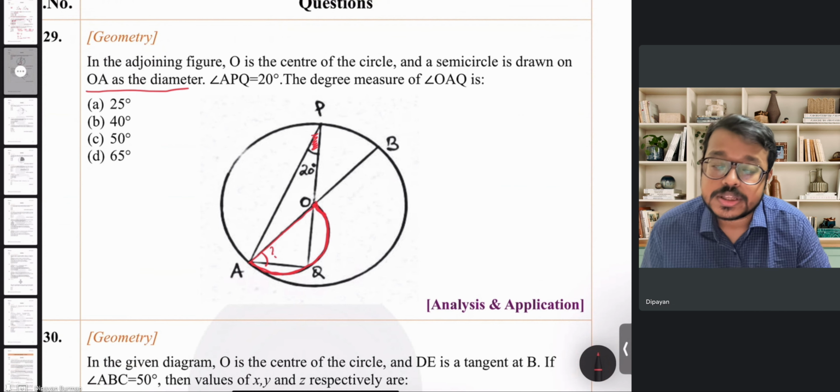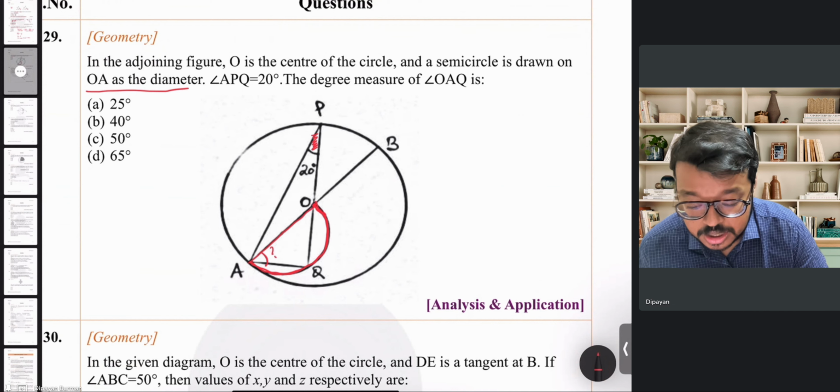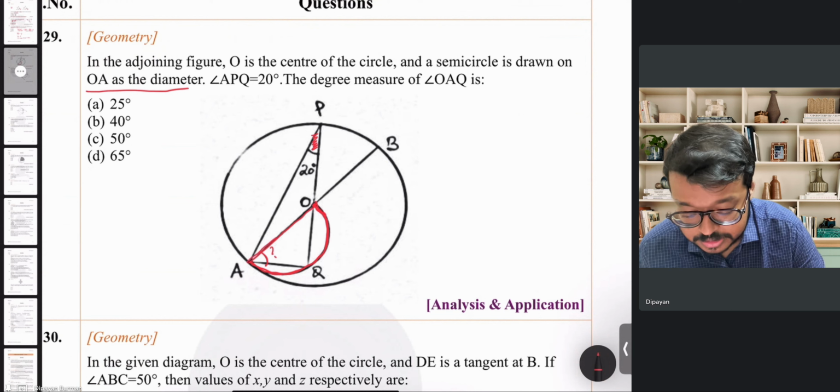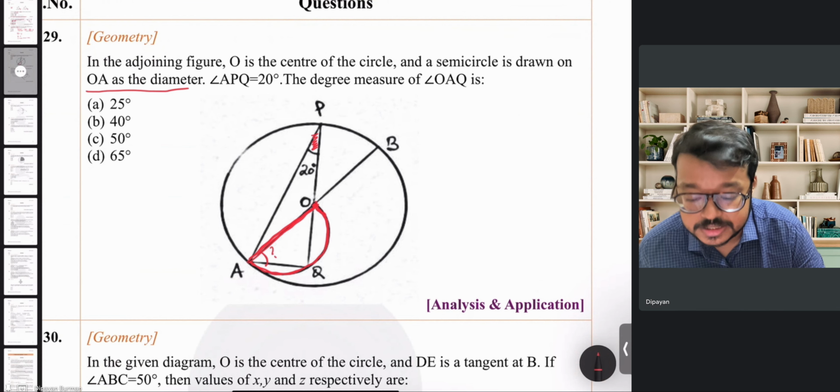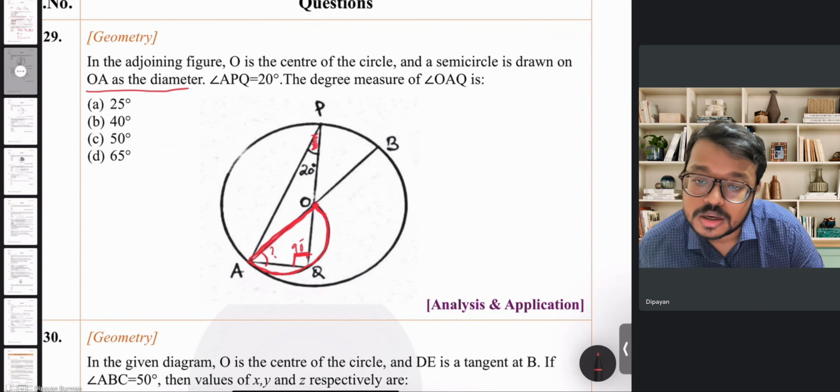Okay, so there are a couple of theorems that I can apply. If I look at the smaller semicircle with OA as the diameter, I have angle OQA as the angle in the semicircle. So angle OQA has to be 90 degree. Alright.